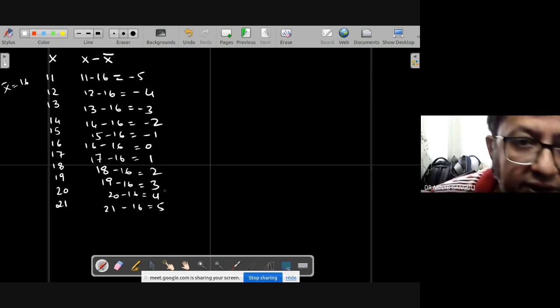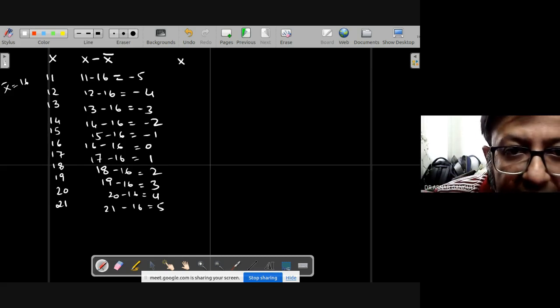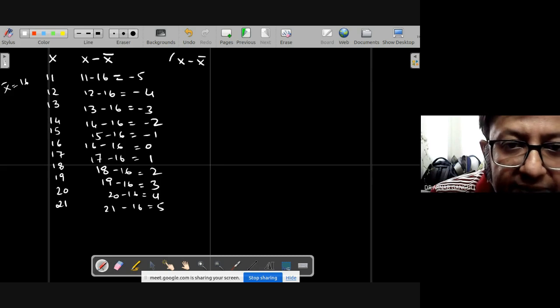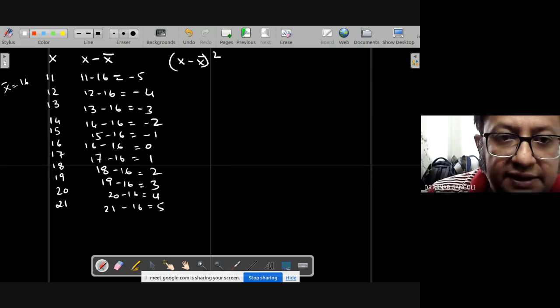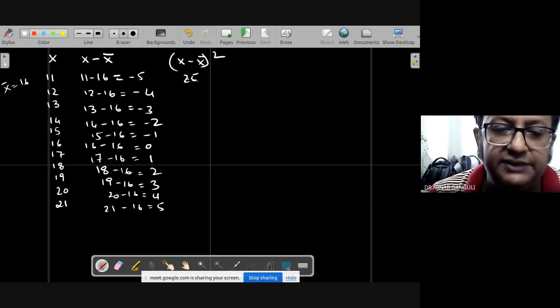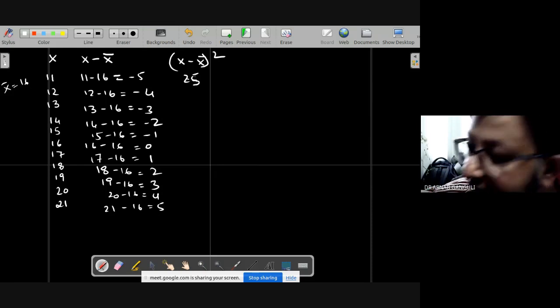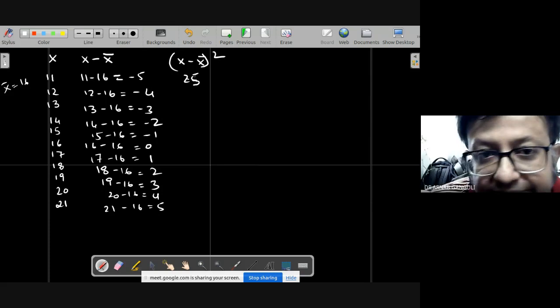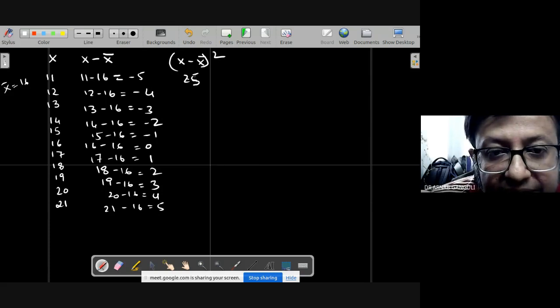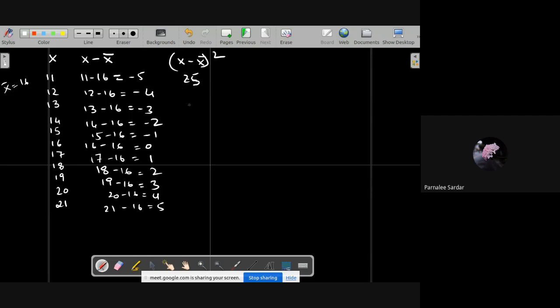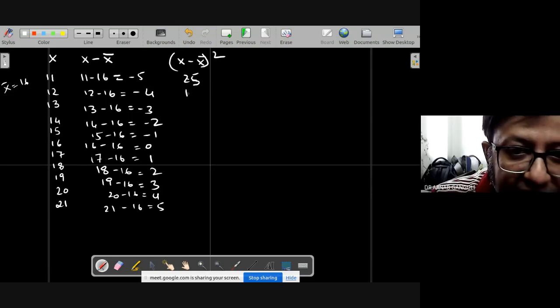And now the next thing you need is x minus x bar square. This is 25. Minus 5 into minus 5 is how much? So 25. Minus 4 into minus 4? Oh, 16. Very good.